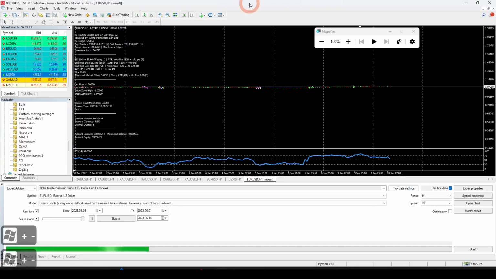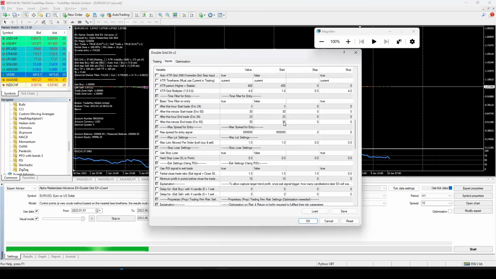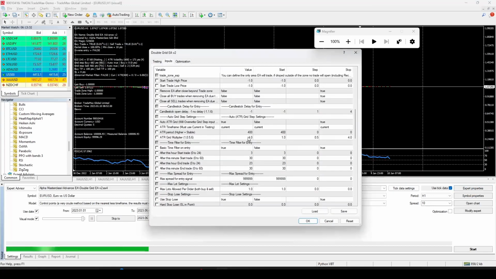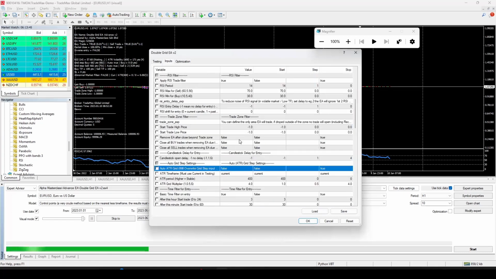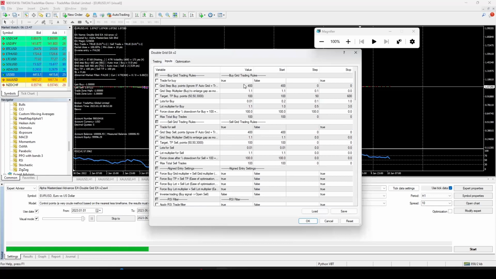Now, one of the interesting parts about DGV2 that I saw recently, from one of the students using it, is that they turned off the ATR. Their capital is a cent account, a 10K cent account. After they turned this off, the grid set for buy turns out to be here, meaning that for the buy side of the grid, it will use 100 points and increase 100 points every single distance.